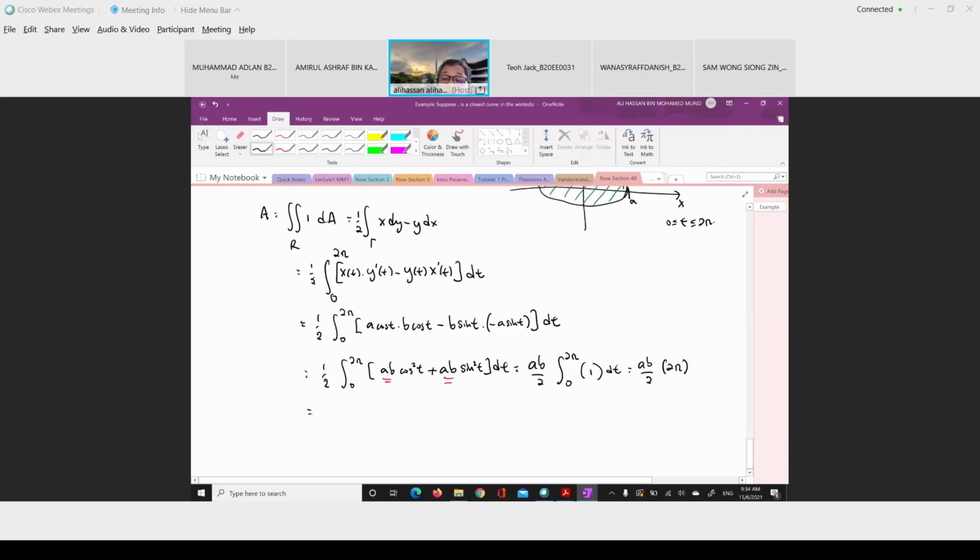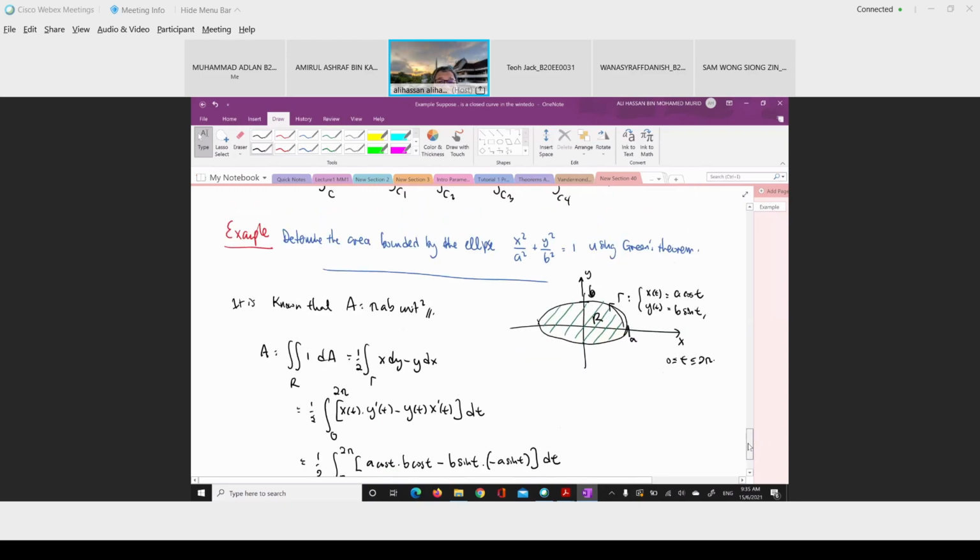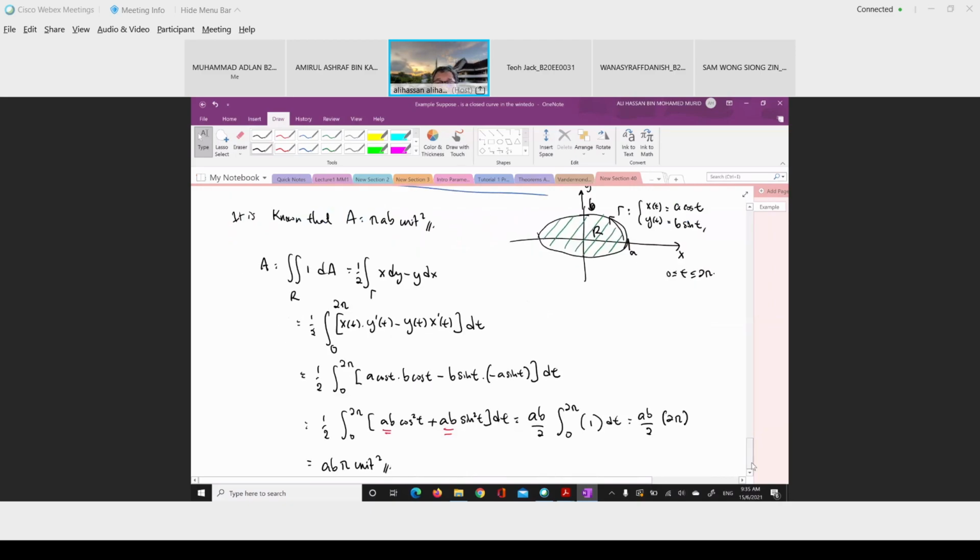So finally, the answer is ab pi, which is what we already knew. So this is another interesting application of Green's theorem for finding the area under a curve.